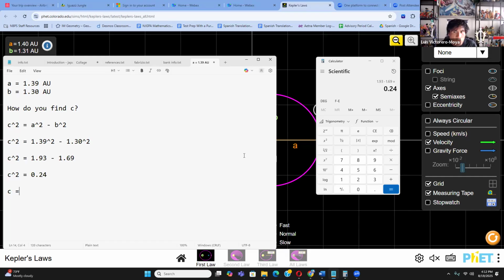So, okay, and then C is the square root of that, 0.49 AUs. So the eccentricity is C over A, which is 0.49 over 1.39. I'm just showing you this so you can see how everything works out. 0.35.